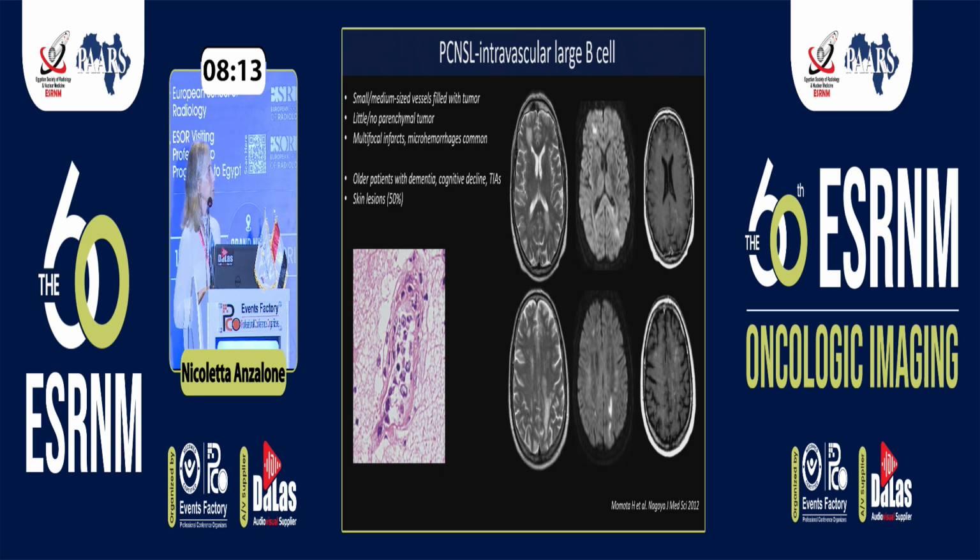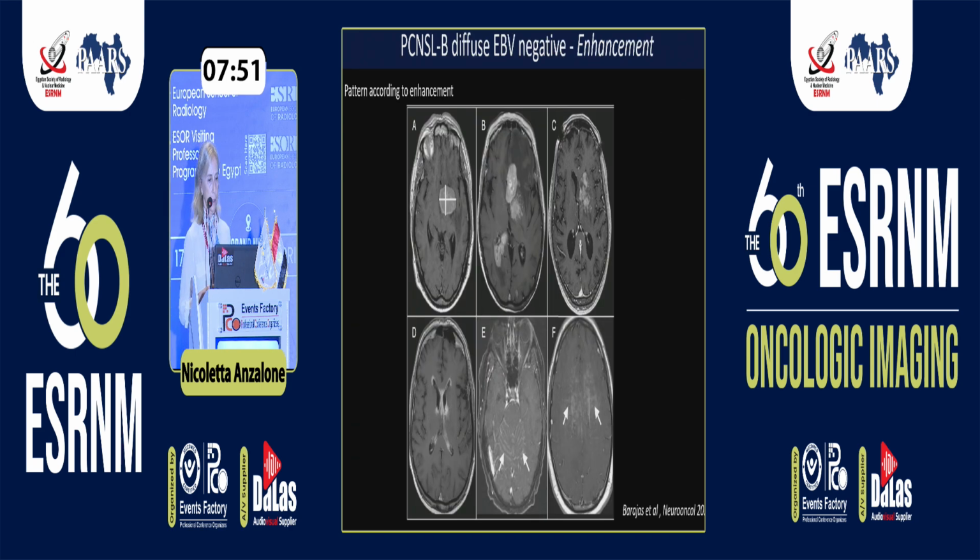In many cases, patients are older with dementia and cognitive decline, and if you go again with delayed imaging T1, you may appreciate, again, very similar to the previous case, enhancement in the vessels and the perivascular vessels. And this is a very rare entity, but it exists.